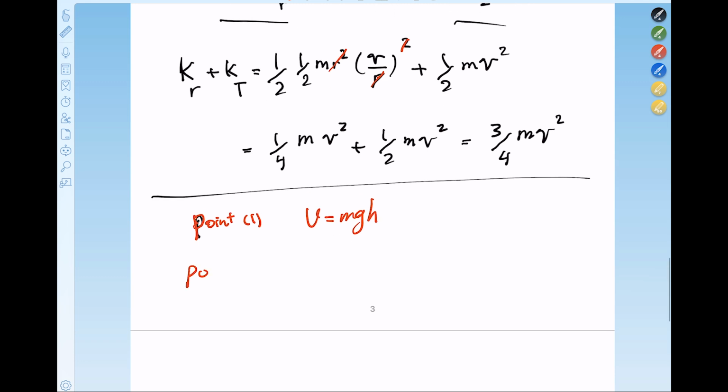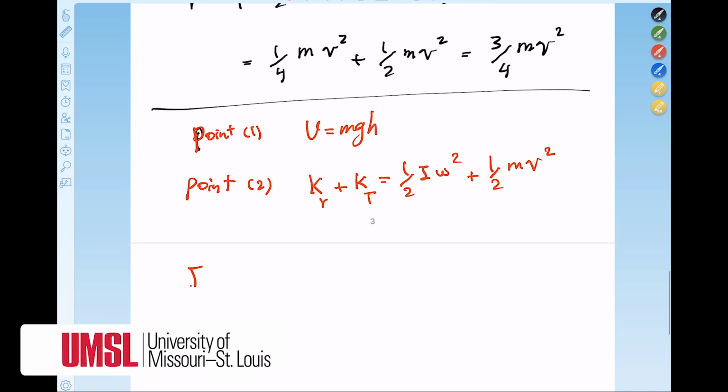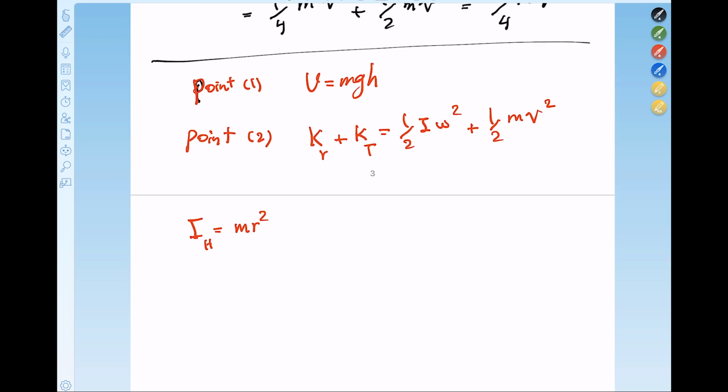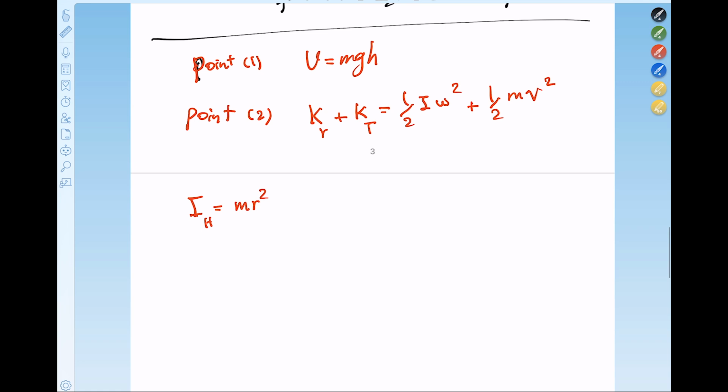For point 2, we have kinetic rotational and kinetic translational: half I omega squared plus half mv squared. I for a hollow cylinder is mr squared. It's not half mr squared like the solid. It's only mr squared. So let's see what we get.